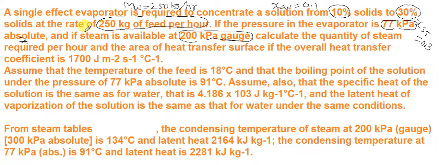We want the absolute pressure of steam, so it will be 200 kilopascal gauge plus atmospheric pressure of 100 kilopascal, which becomes 300 kilopascal absolute. Our aim is to calculate the steam required per hour and the area of the heat transfer surface.